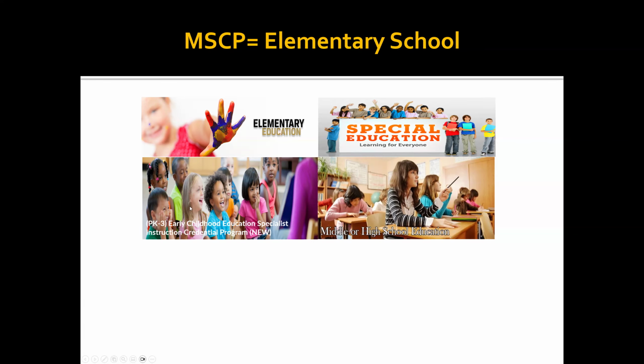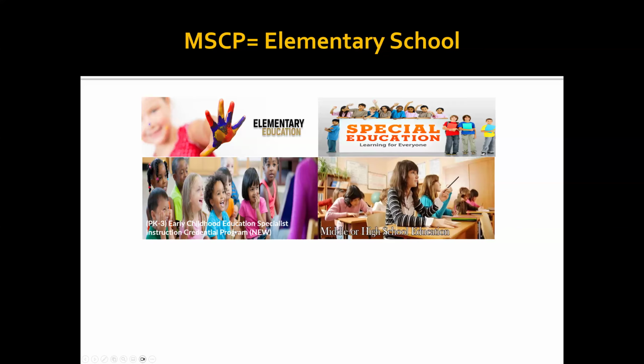Now, if you want to teach PK to 3, it's recommended that you get your bachelor's degree in child development in order to pursue the PK to 3. What you need for the PK to 3 is at least 24 units of child development courses. So if you're getting your bachelor's degree in liberal studies, as long as you have 24 units of child development courses, you will be able to meet subject matter for the PK to 3.